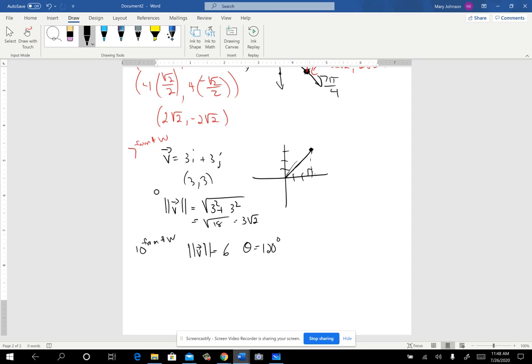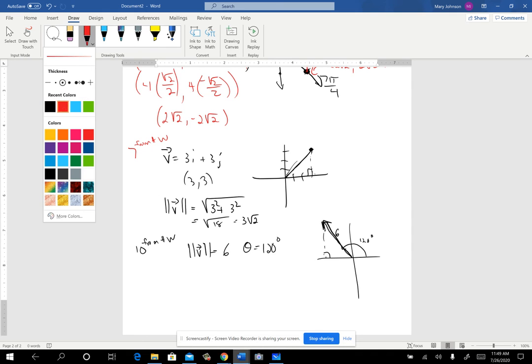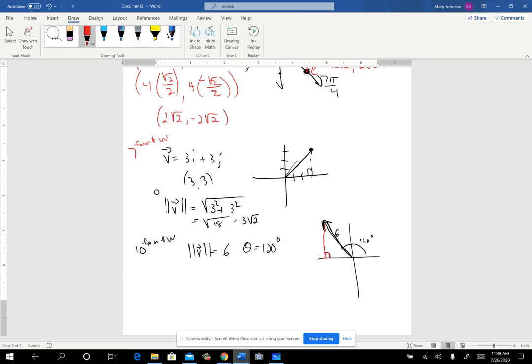All right, so let's think about this one. I'm going to be over here, 120. That's the 120. And my vector has a magnitude of 6, means this is 6. Then I'm trying to get it written in terms of the horizontal and vertical components. So it's basically dropping that right here, and figuring out what this is and what that is.